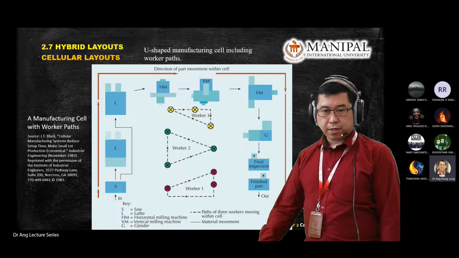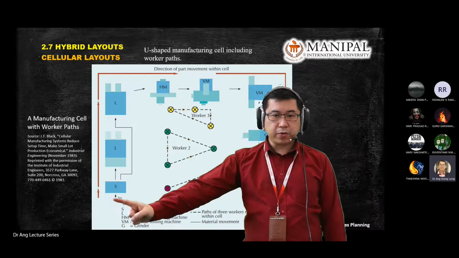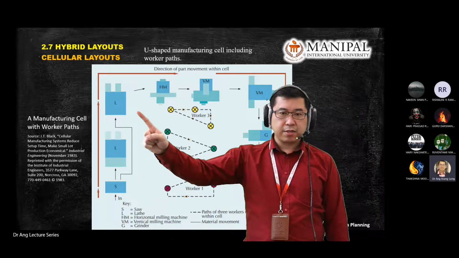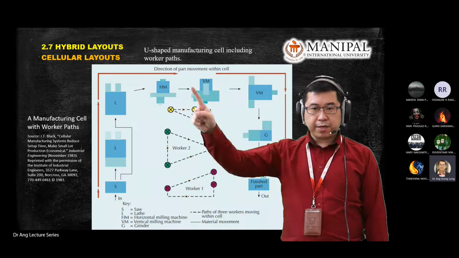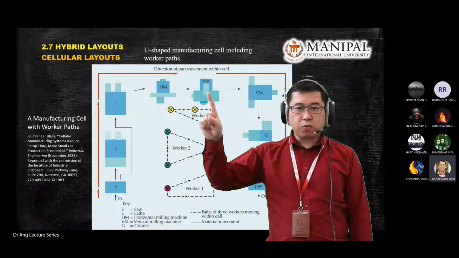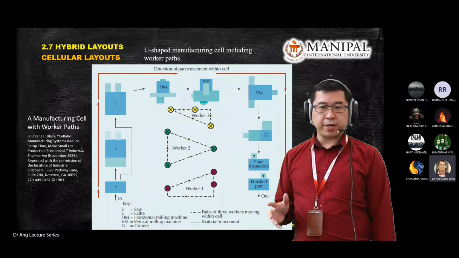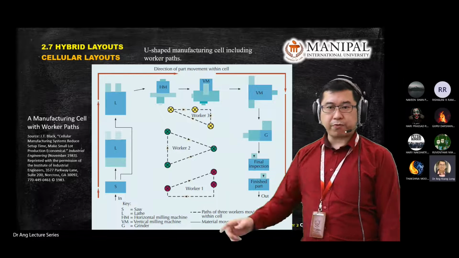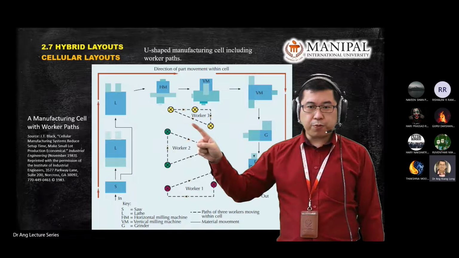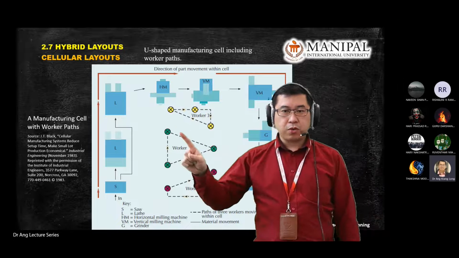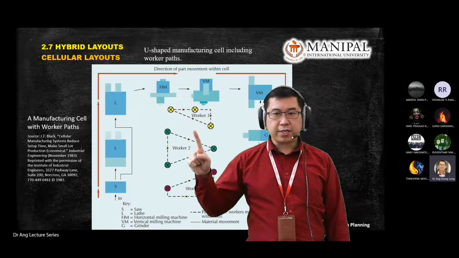Okay, so the outside one is how you rotate your material. Material goes in machine one, and you can jump the queue to machine two according to the process. The middle one is the workers' movement, possible worker movement. For example, if you are the green color worker, your movement for that particular shift, you walk in a triangular shape in one direction.